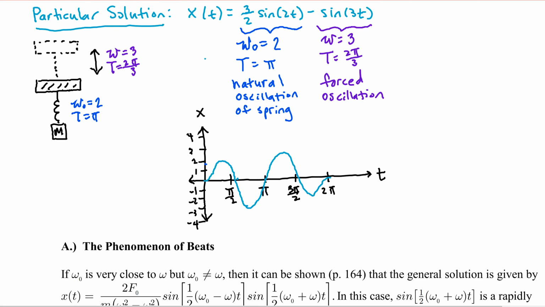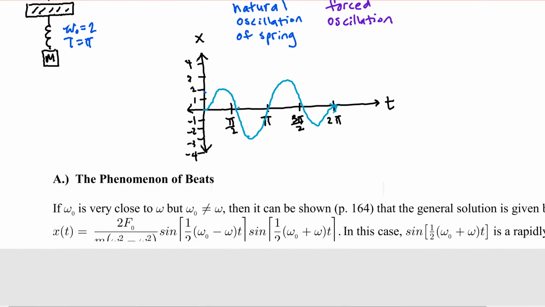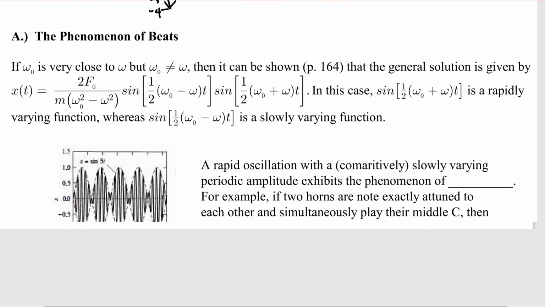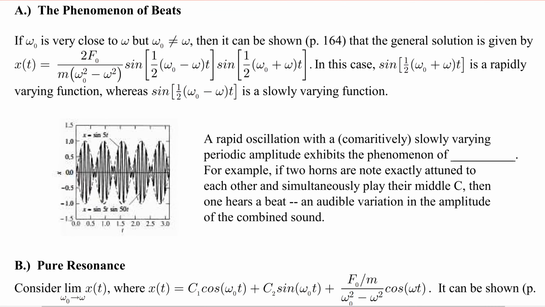I do want to include an arrow on the end of my graph to show that this mass is going to oscillate in this respect indefinitely. We have that external forcing function interfering with the natural oscillation of the spring, but because there is no damping, this motion continues indefinitely. Undamped driven motion can lead to some really interesting results.